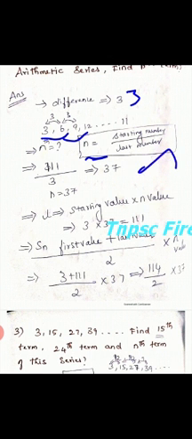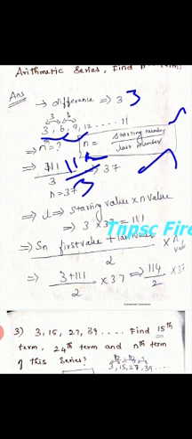If they ask for n, you can use this formula. If the difference is the same as the starting number, the starting number here is 3 and the last number is 111. So you write 111 divided by 3.